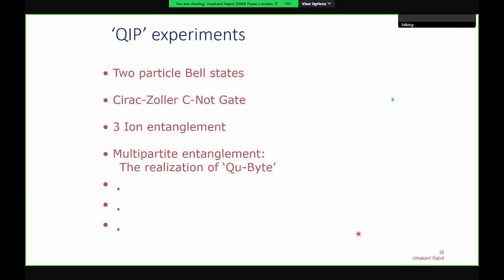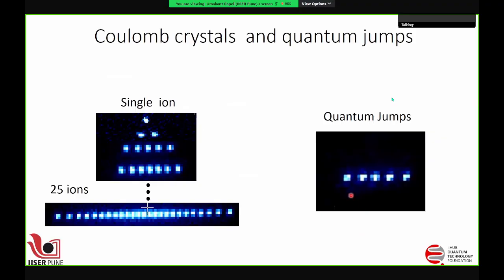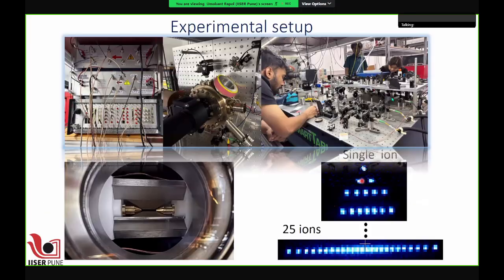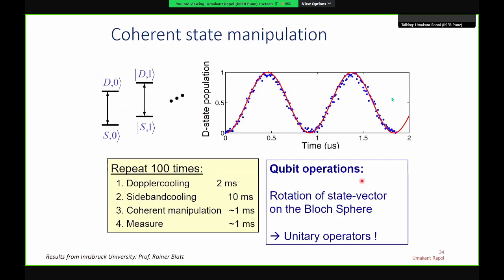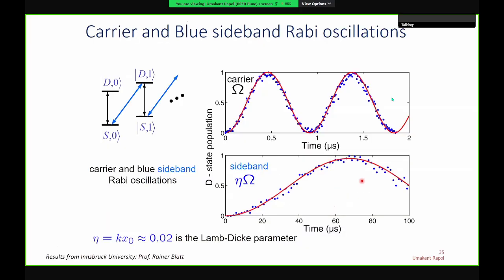Once you have a string of ions, depending upon whether you are going to use the microwave qubit or the optical transition, you choose your laser, which you focus onto each of these ions, and you can move the laser from one ion to the other to address each of these ions very specifically.